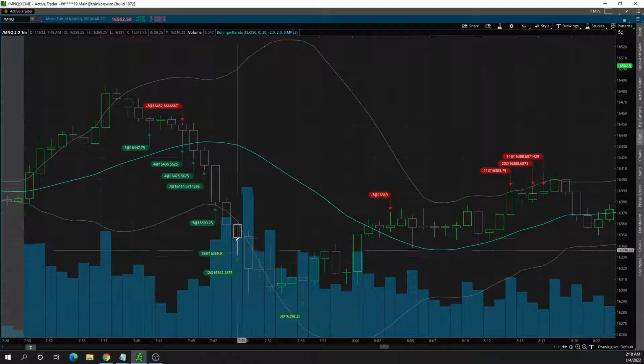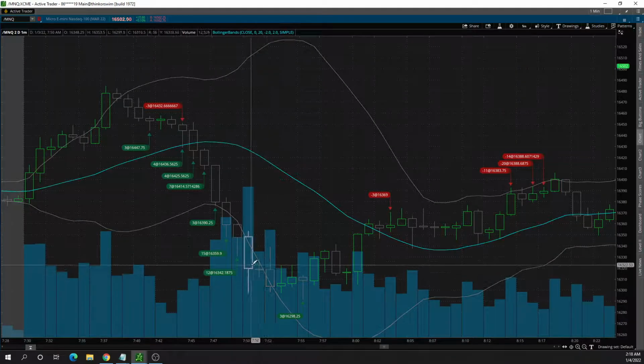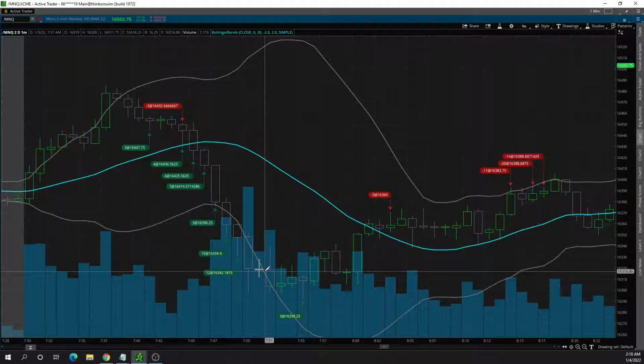But what happens right around in here is that my data feed from TD Ameritrade for the TOS platform comes to a grinding halt. I'm basically getting an update about once every 15 to 20 seconds. Same thing with the TD Ameritrade mobile app on my phone.